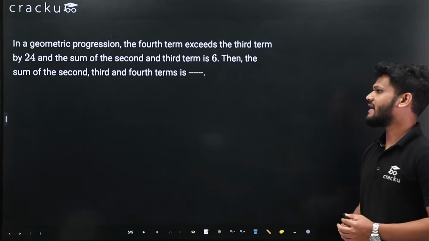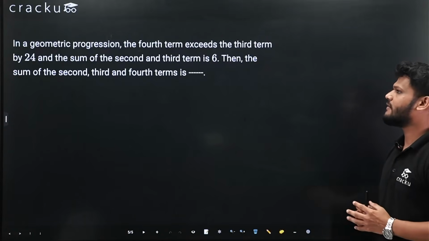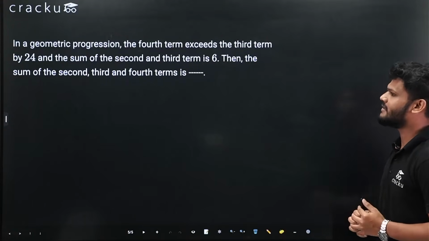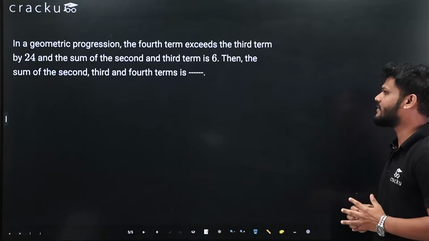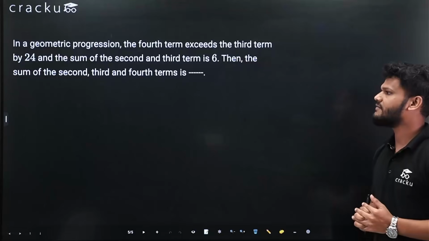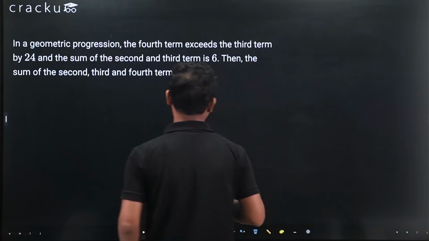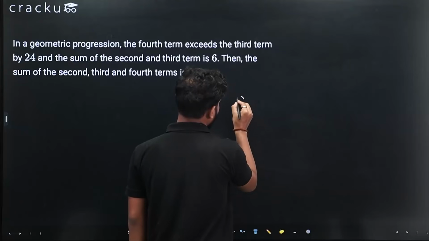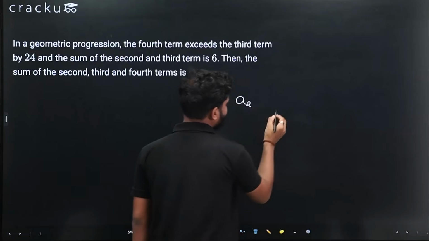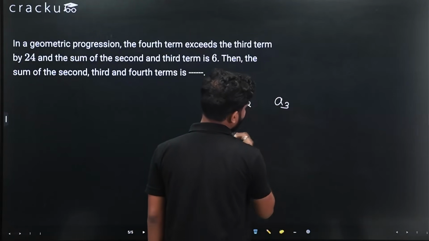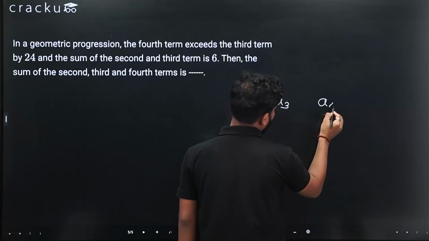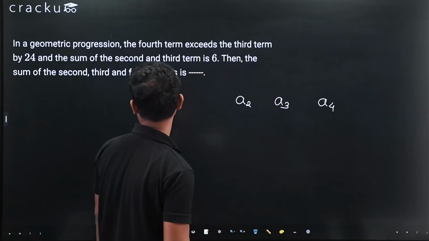So in this question we are asked, in a geometric progression, the fourth term exceeds the third term by 24 and the sum of the second and the third term is 6. Then the sum of the second, third and the fourth term is what? So let us say A2 is the second term, A3 is the third term and A4 is the fourth term of geometric progression.